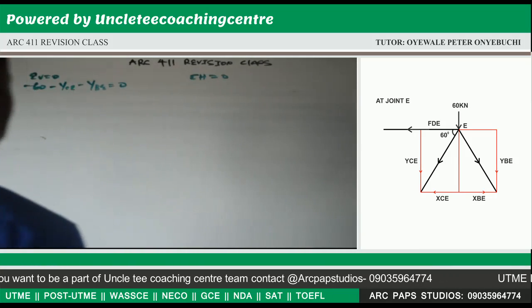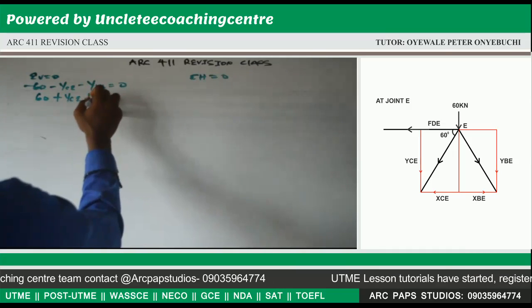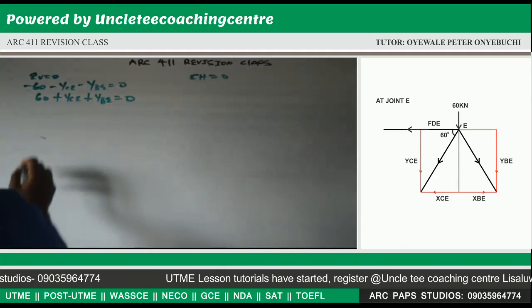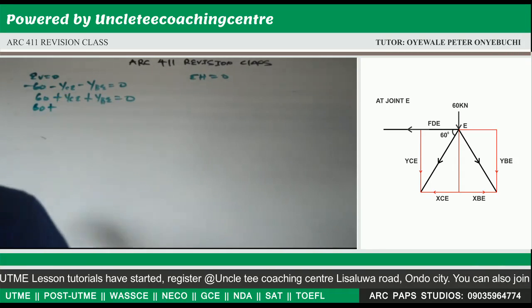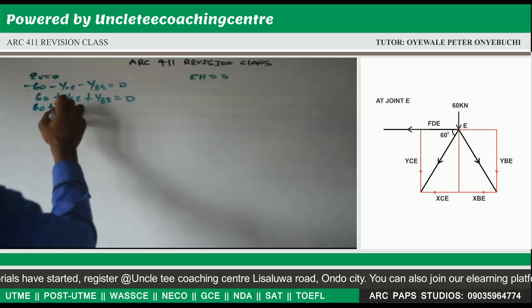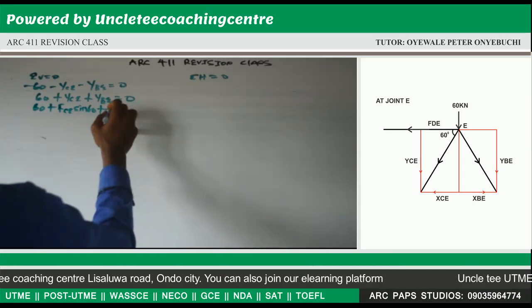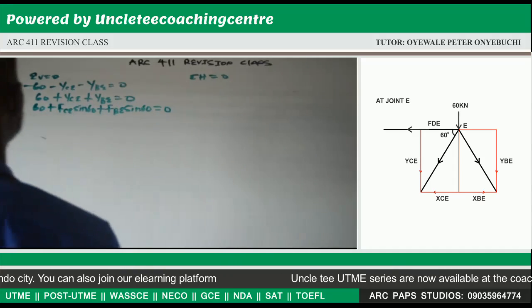So if you multiply through by minus 1, this will be 60 plus YCE plus YBE, which will give us 0. If we resolve that, this will be 60 plus FCE sine 60 plus FBE sine 60 is equal to 0.